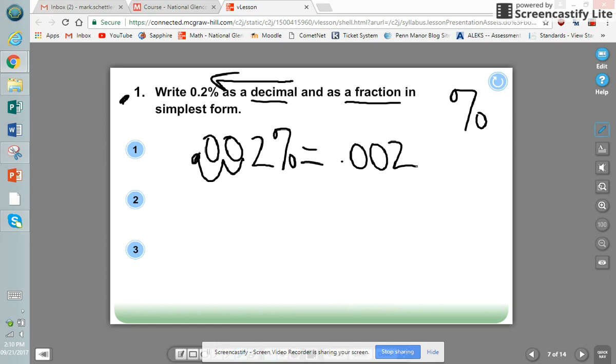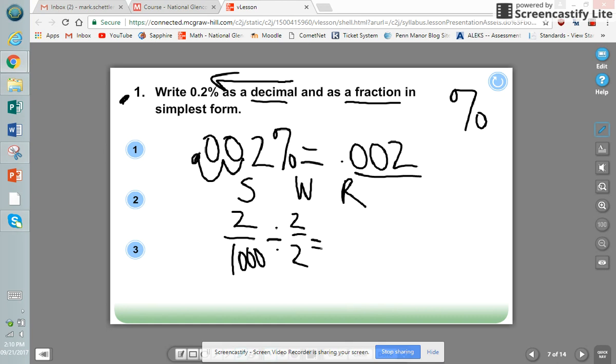Now, going way back to maybe our first lesson in this unit, let's take a look at fractions. I think we used a say it, write it, reduce it strategy. Well, let's say this. It says 2 thousandths. Great. I'm going to reduce it. Divide both sides by 2. We have 1/500.